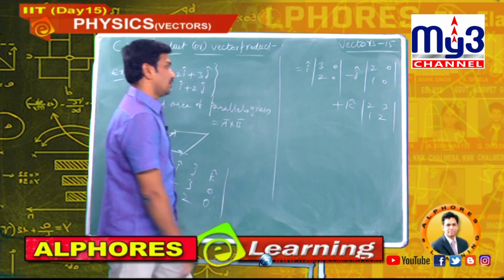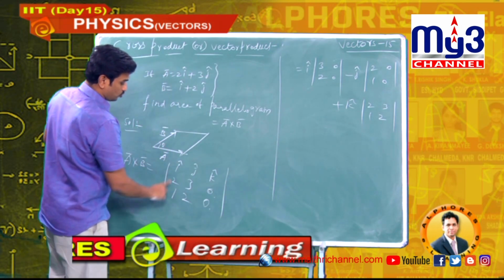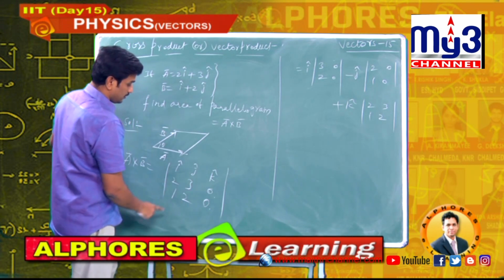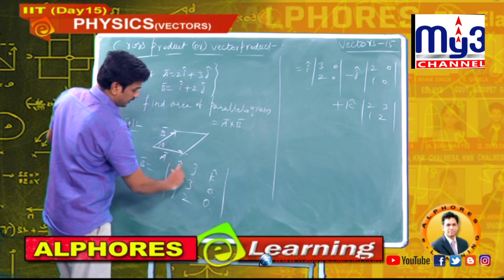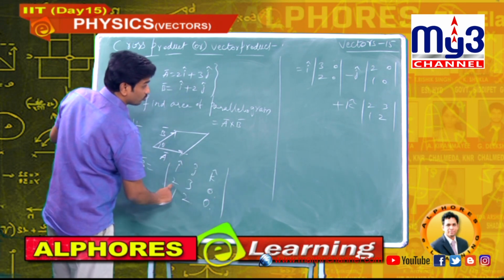Once again I will verify the answers there. I cap, these two are removed, 3, 0, 2, 0. Minus J cap, leave this vertical and horizontal, 2, 0, 1, 0. Leave this K cap, horizontal and vertical, 2, 3, 1, 2. Correct now.